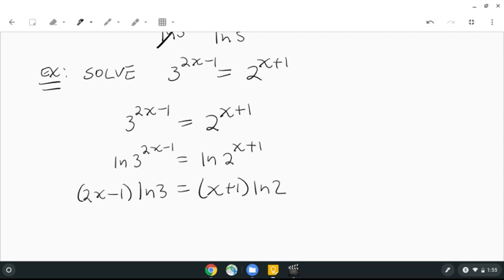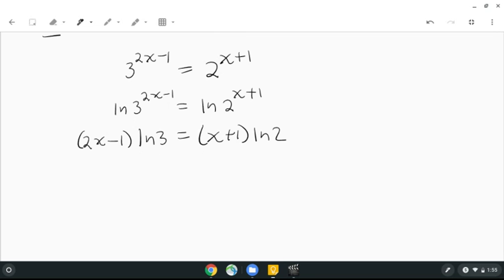We have different ways to go about doing it from this point forward, but I would say the easiest one for students to understand is to distribute the natural logs on both sides. So here, this one would be ln 3 times 2x and ln 3 times negative 1.